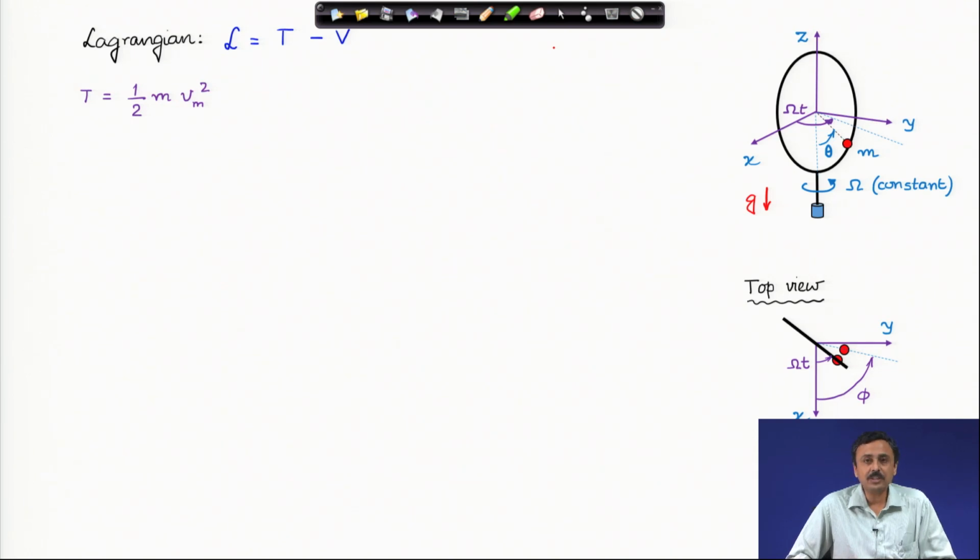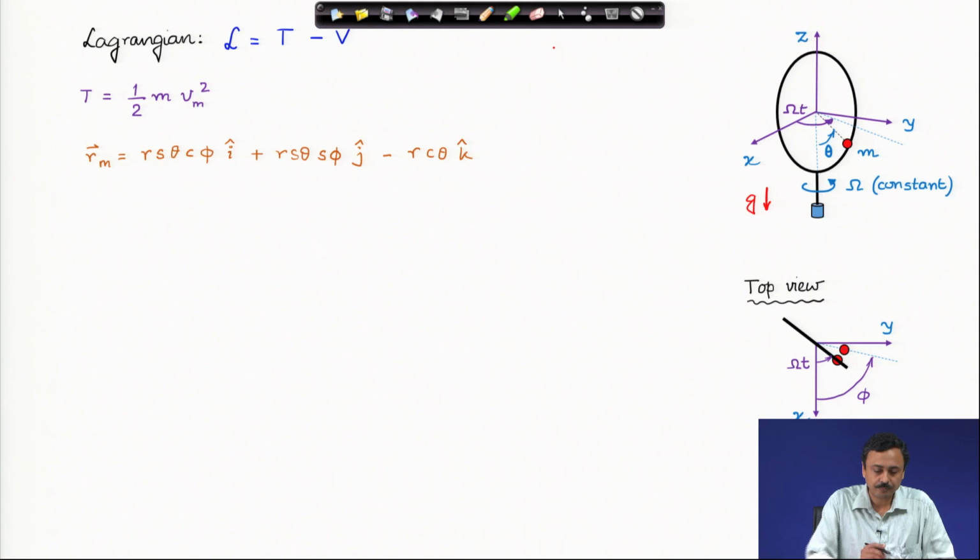We write down the Lagrangian as usual, but now we have contributions from that phi coordinate as well. This we must keep in mind. Kinetic energy is half times mass times velocity of the mass squared. Now, I have to find out that velocity of the mass. First, I start from the position vector of that mass point in the coordinate system shown.